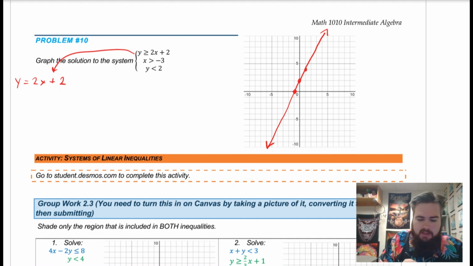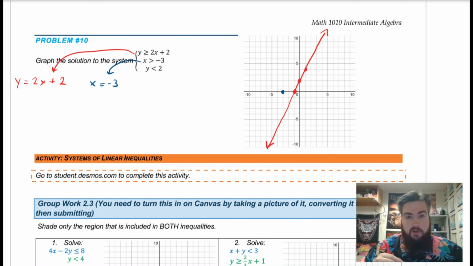Then, I'll take this second inequality, consider the equality version of it, which I should already be able to graph. That is a vertical line at x equals negative 3. So at about here, I will have a vertical line. This one, though, will be graphed as a dashed vertical line because the inequality there is greater than.